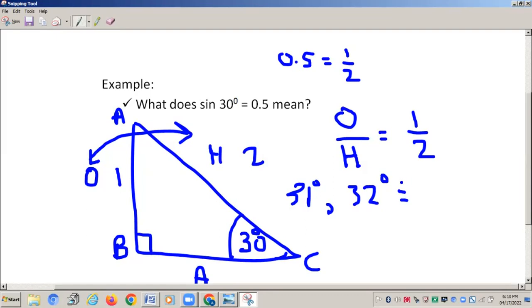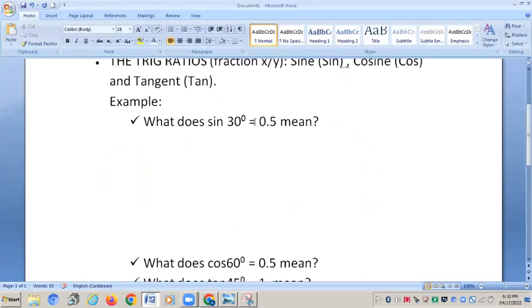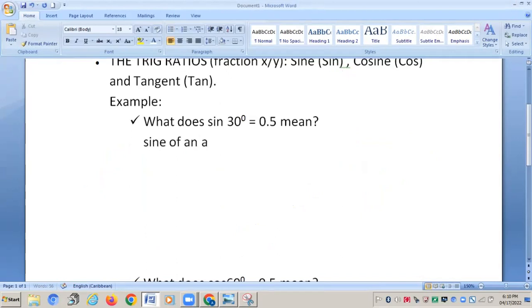So sine 30 is equal to 0.5. So what does sine mean, class? The formula for sine: sine of an angle. Whenever you have sine, beside it must be an angle.